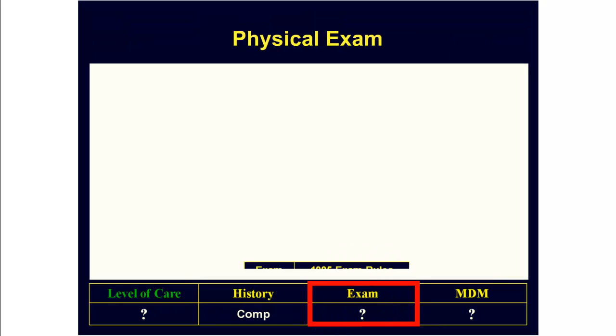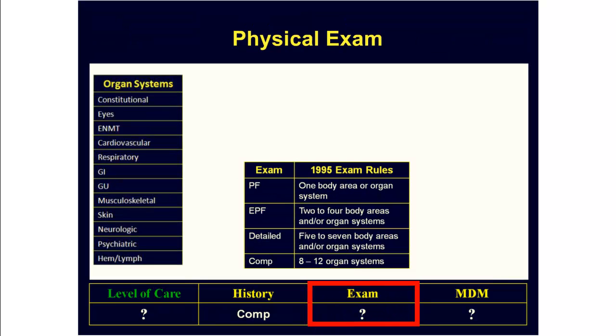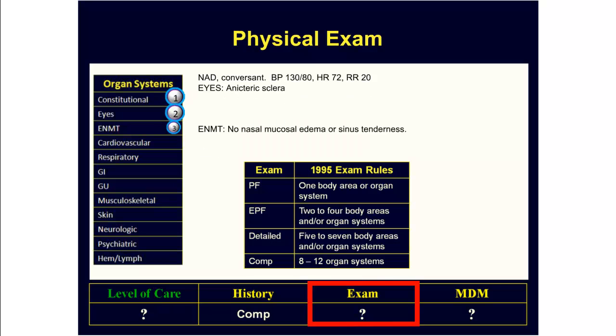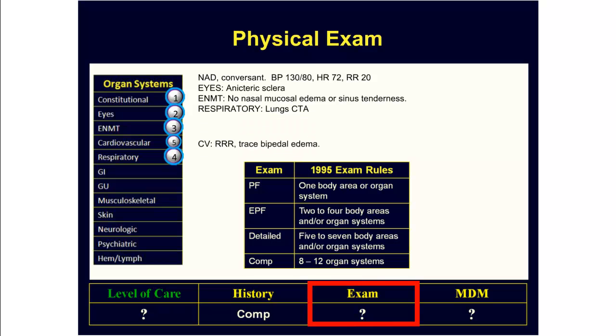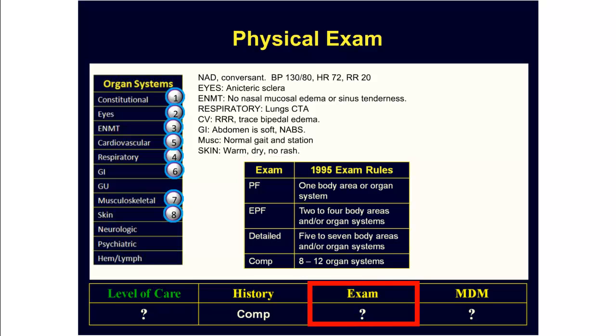Looking at the exam, and using the 1995 guidelines, we've commented on the constitutional system, the eyes, the ear, nose, mouth, and throat, listen to the lungs, listen to the heart and look for peripheral edema, did a brief GI exam, assessed the patient's gait and station, and also examined the skin. This adds up to 8 organ systems, which is exactly what you need for a comprehensive physical exam. So now the second key component is known.